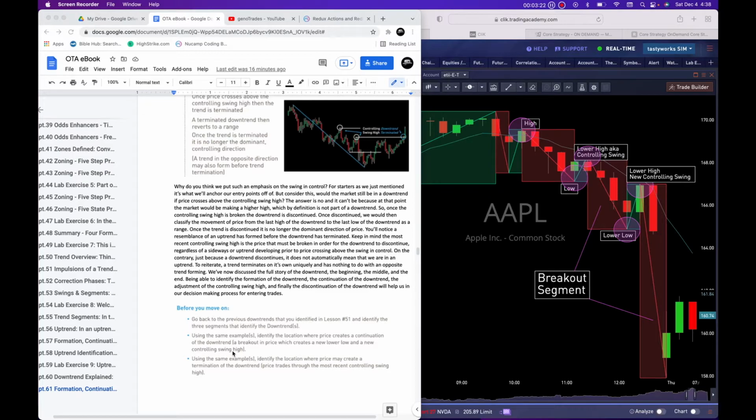Once the downtrend is discontinued, we would then classify the movement of price from the last high of the downtrend to the last low of the downtrend as a range. Once the trend is discontinued, it is no longer the dominant direction of price.